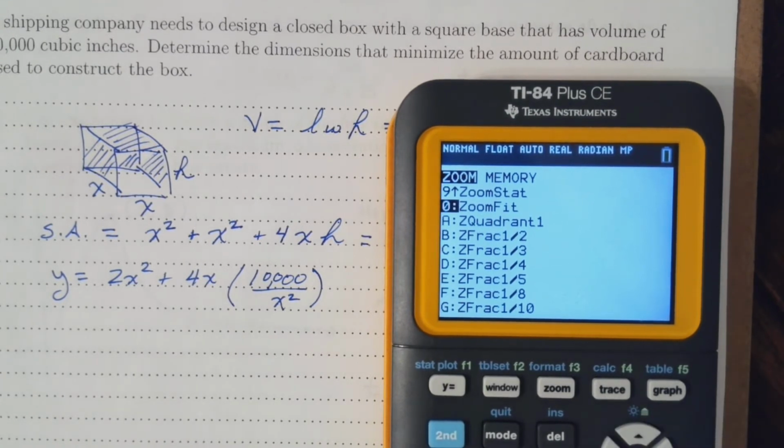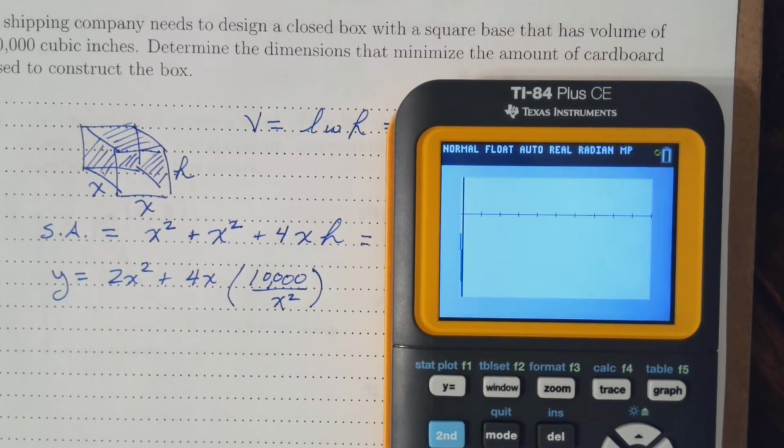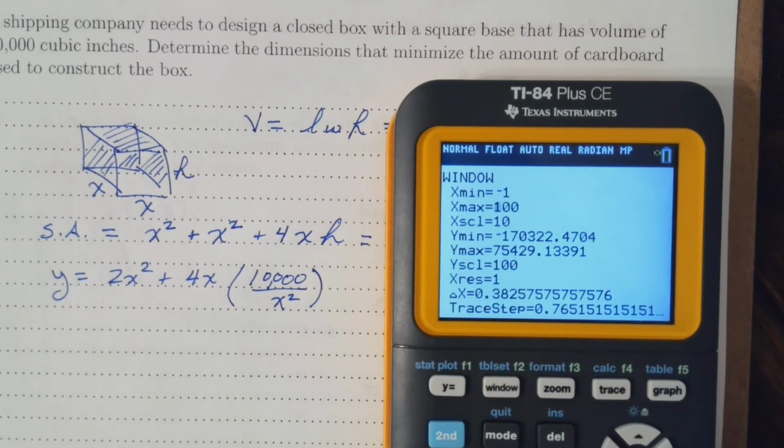Then once again zoom. Zoom fit, which is option 0, is a nice place to start if you're going to be using these really big numbers, and the graph tends to come in. Now we can see our graph, and we see that we do have some sort of minimum. I'll come back over to my window.